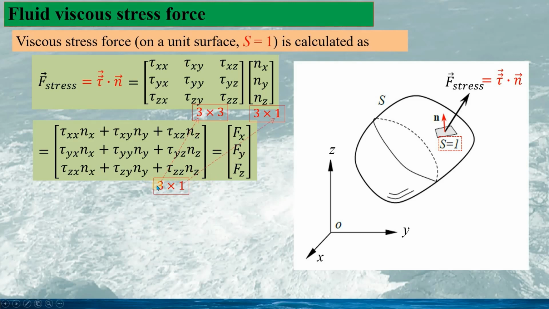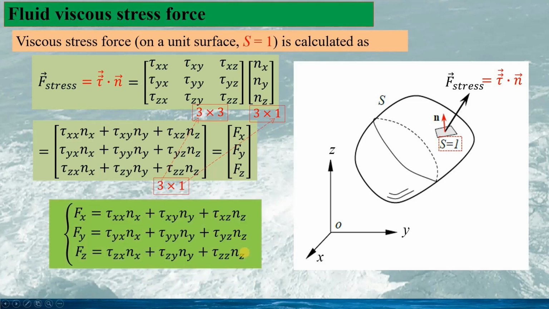So we can see the dimension of the result comes from the rows of the tensor and the column of the vector. And here we can use 3 components of the force, Fx, Fy, and Fz, to represent all this expression. So we have the expression like this. But we can see here the stress on an arbitrary surface is quite complicated, and it is also difficult to understand.